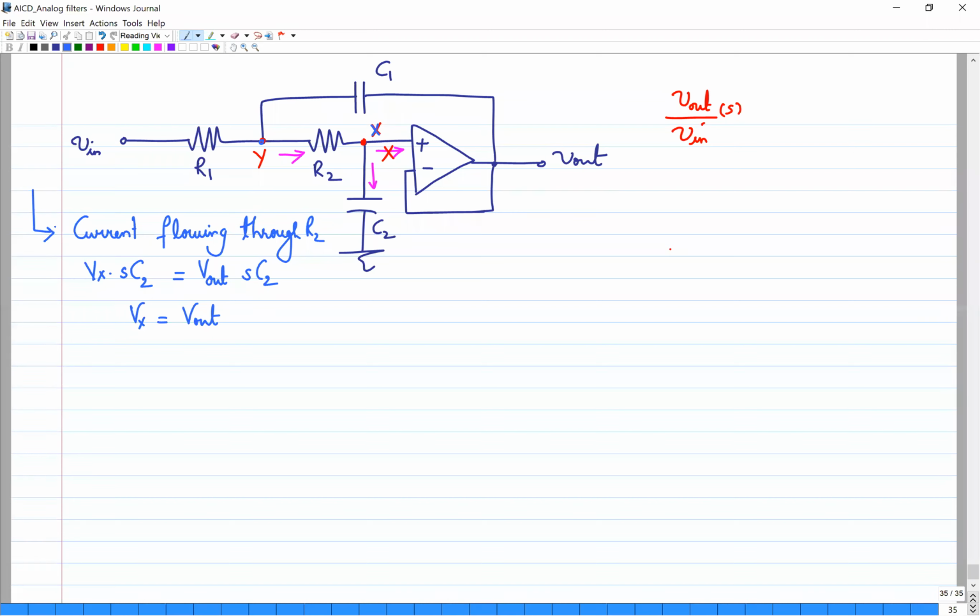Your Vx will be equal to Vout because the negative feedback exists for all the frequencies we consider. But for a low pass filter, we are actually looking at lower frequency where your capacitor impedance is very high. That remains as open. Is it all right? Agreed.